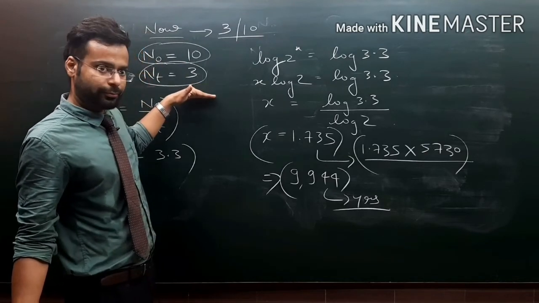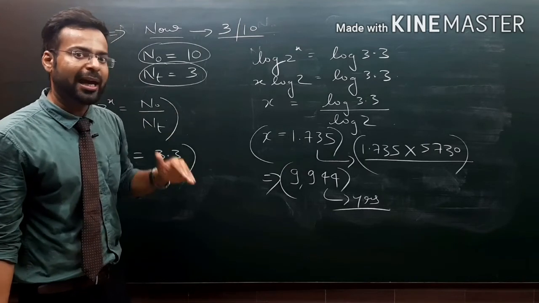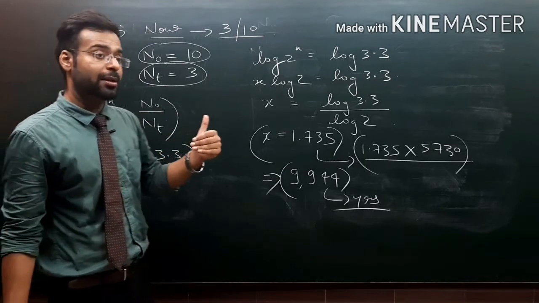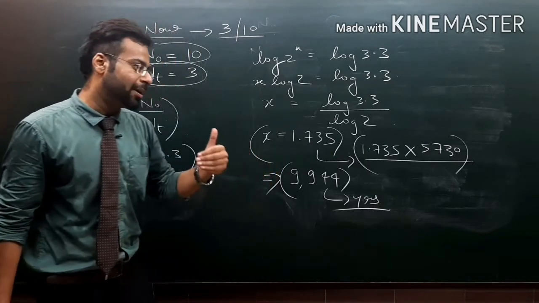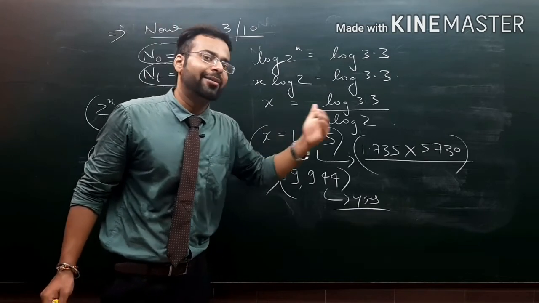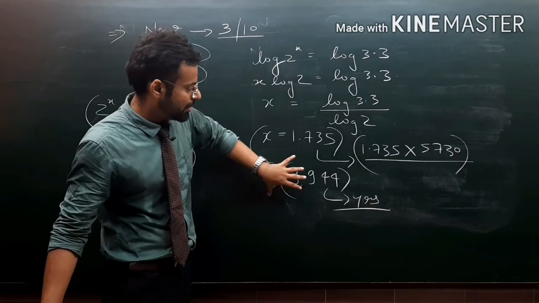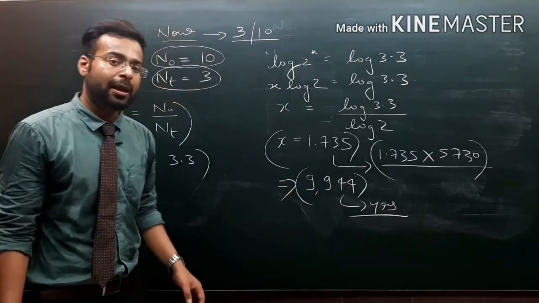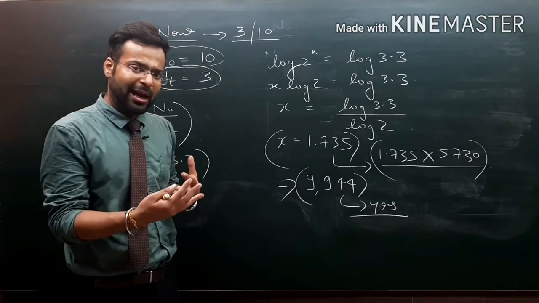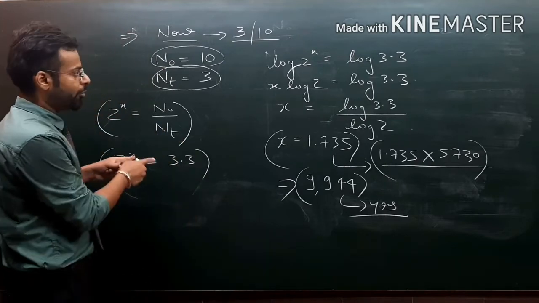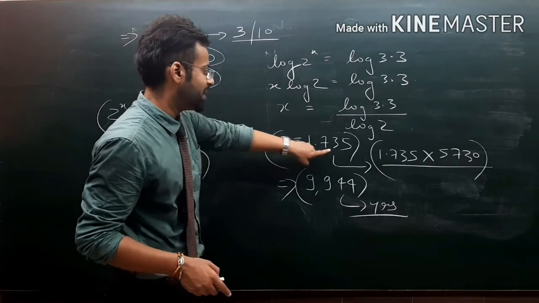Half is a lesser time, and 3/10 is more time, so it is always going to be higher than 5730. So our answer is 9944 years. If it had asked directly for half, the ratio would not have been like 1.735.